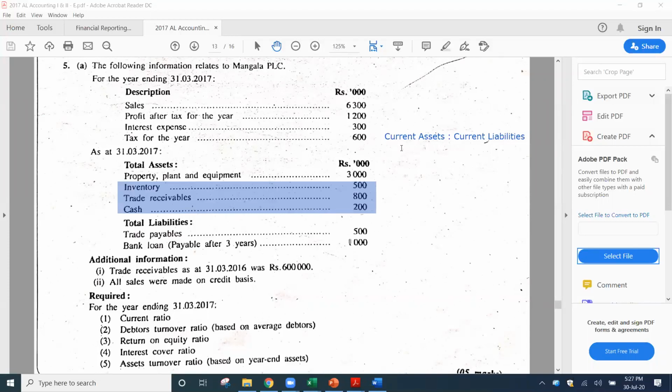So total 1,500. Then current liabilities, we have only the trade payables. So that is 500. If you divide this, you have 3:1.